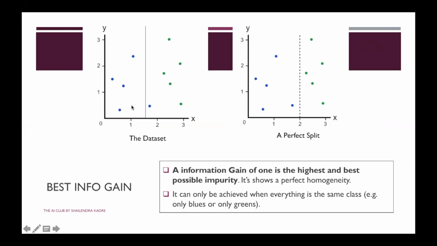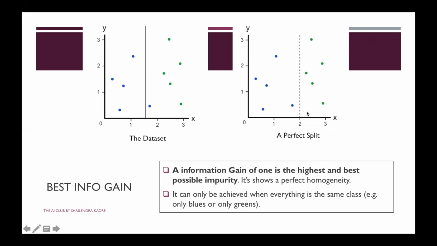On the left side you can see that we have created a model such that x is equal to 1.5 somewhere, which is not giving us a perfect split. We can see that one of the blue balls is going into the class of the green box. So in this case entropy is going to be more and the information gain is going to be less.